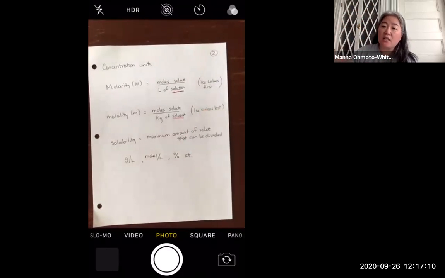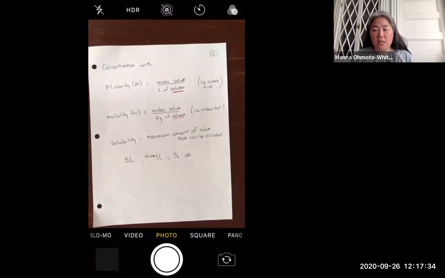If I'm adding the solute in last, how much water spills over is going to depend on how many ice cubes I'm trying to cram into my glass. Solubility is a measure of how much maximum solute can be dissolved. What's the threshold limit? And I can look at that in terms of grams per liter, moles per liter, percent, that type of thing.